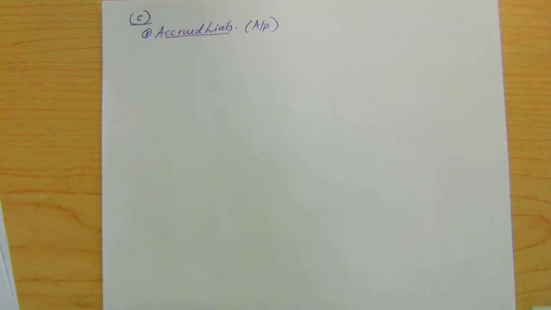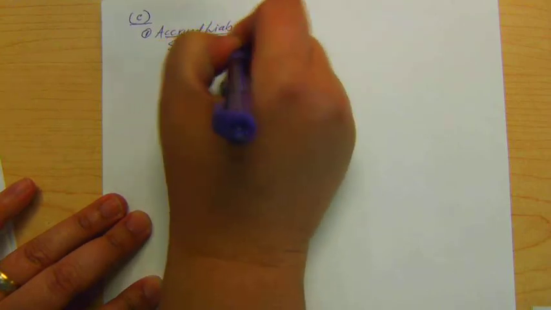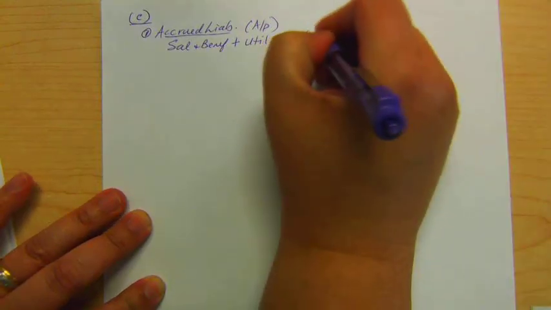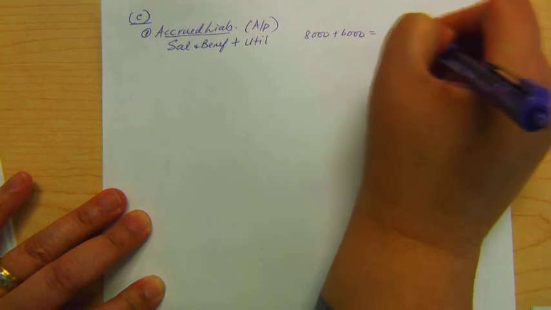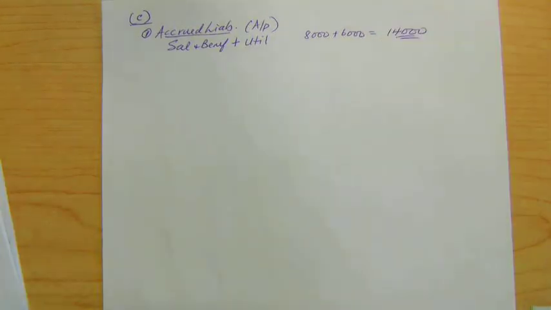I would have called them payables because salaries and benefits and utilities would both be recorded as payables. Okay, so we're dealing with salaries and benefits plus utilities. So that's 8,000 plus 6,000 equals 14,000. So that one's pretty straightforward.